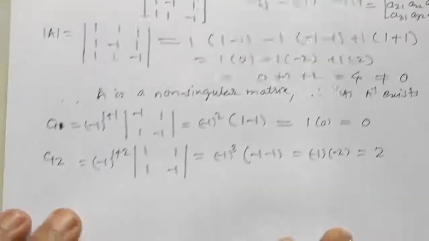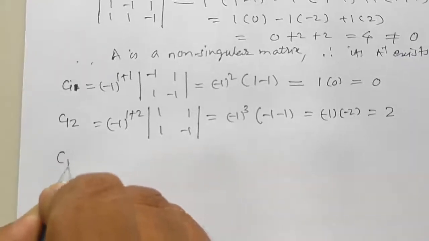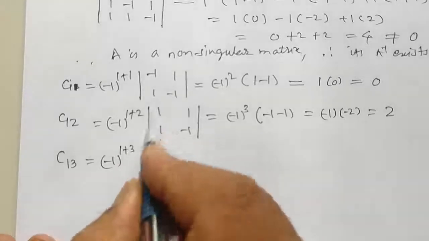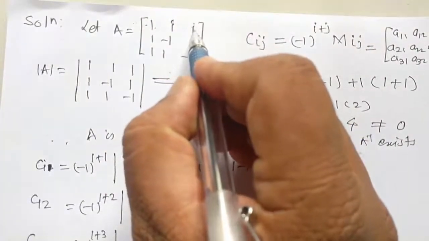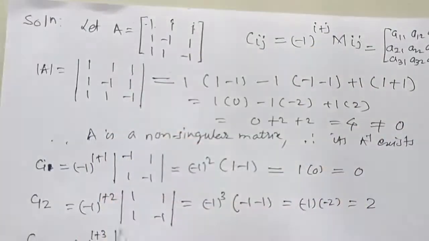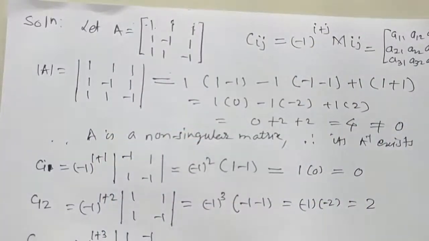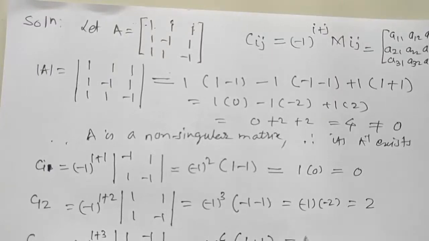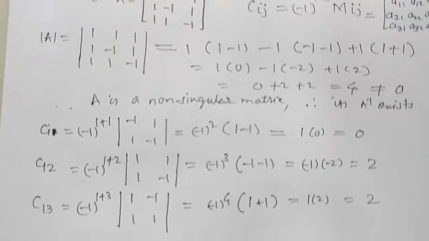So it is 2. C13 is minus 1 raised to 1 plus 3. Deleting this row and column, the determinant is 1 minus 1, 1 1, equal to minus 1 raised to 4 into (1 minus minus 1, that is plus 1), which is 2.